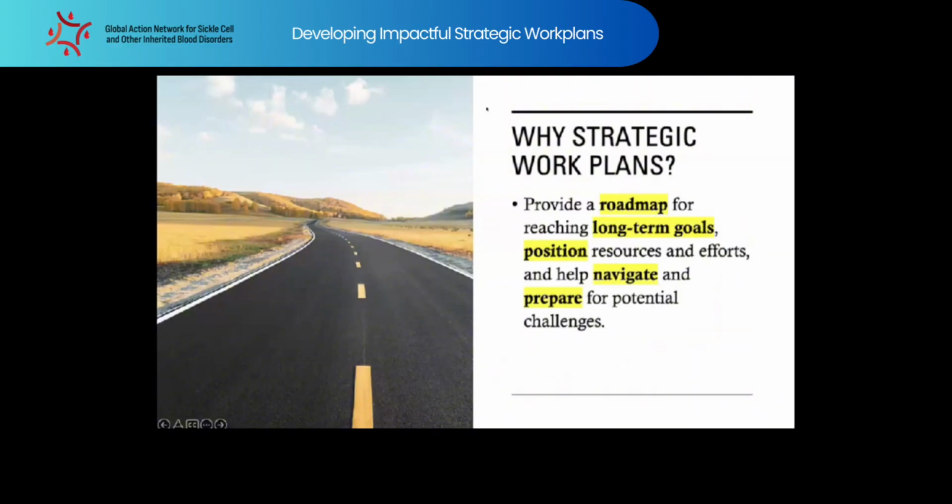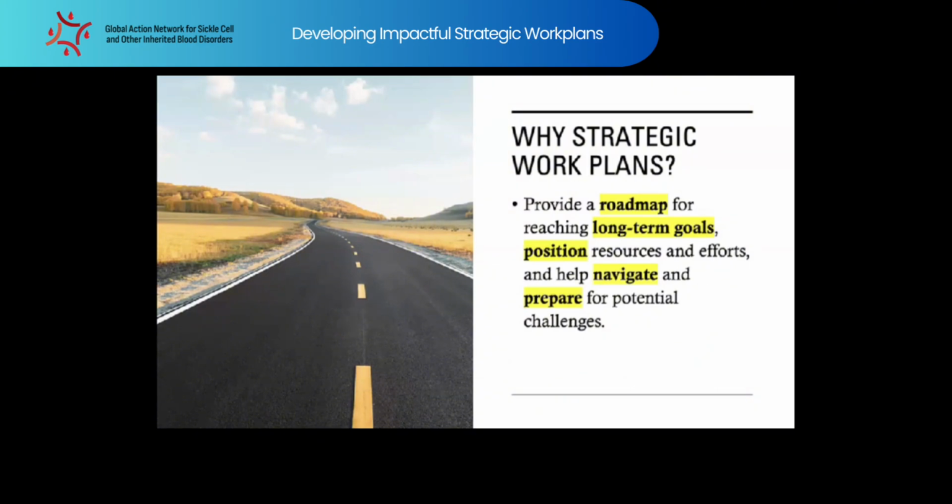All right, so why strategic work plans? Strategic work plans provide a roadmap for reaching long-term goals, position resources and efforts, and help navigate and prepare for potential challenges. And I highlighted the key words here that I think we're going to talk a lot about. Again, it's a roadmap. And as we know, roads sometimes have bumps. They have stops, they have delays, and so forth.